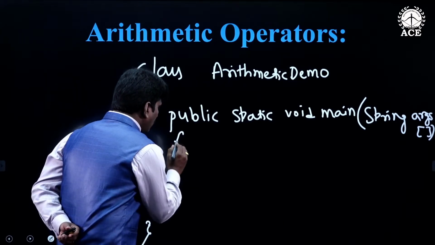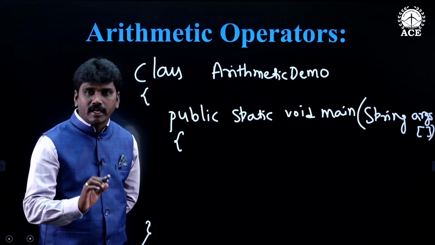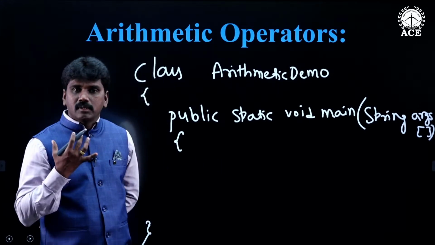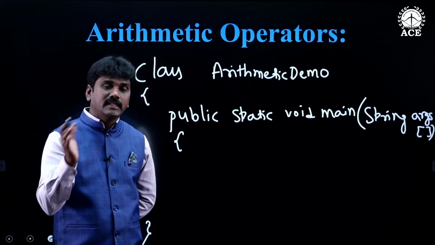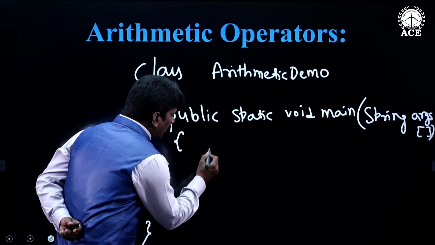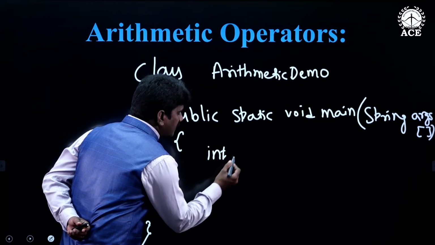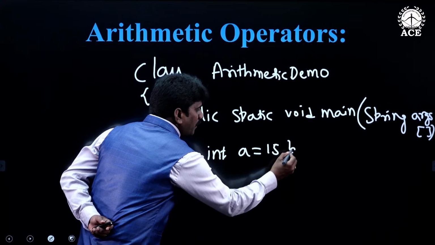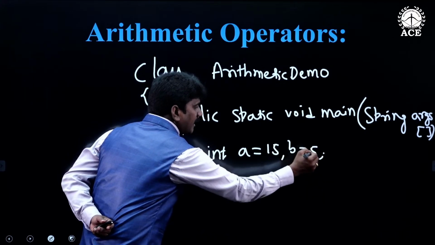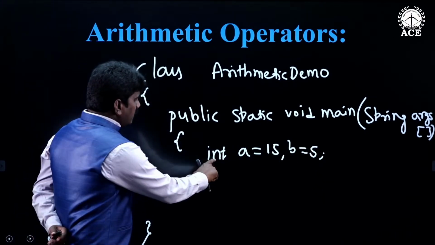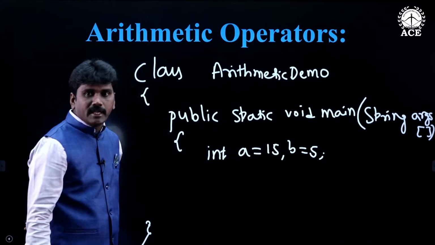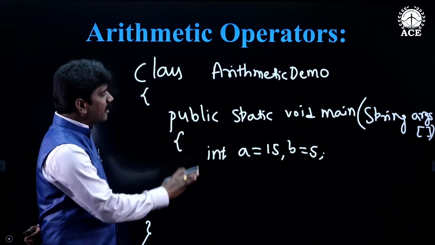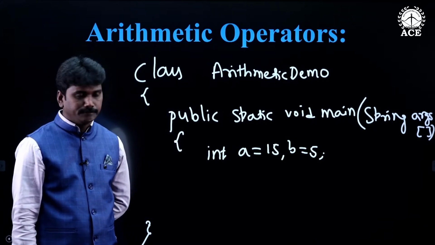Next, let us take two variables with values. I would like to take two integer type values: int a is equal to 15, comma, b is equal to 5. Now I would like to perform different arithmetic operations on it.